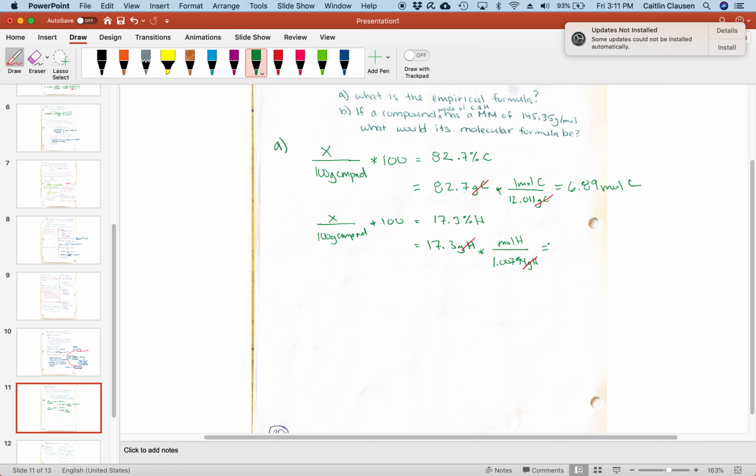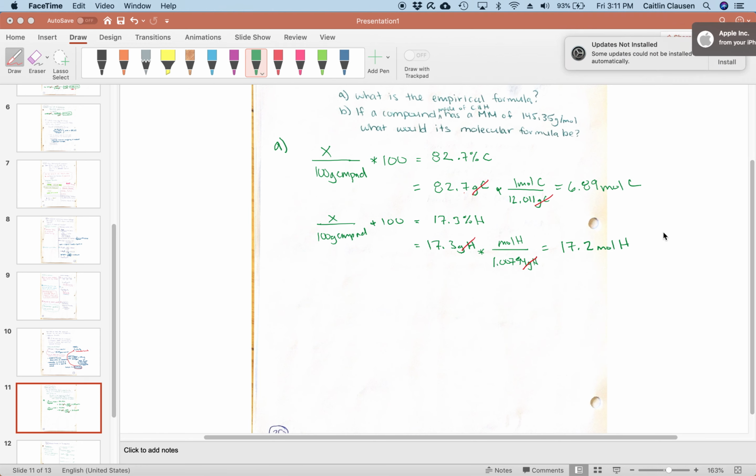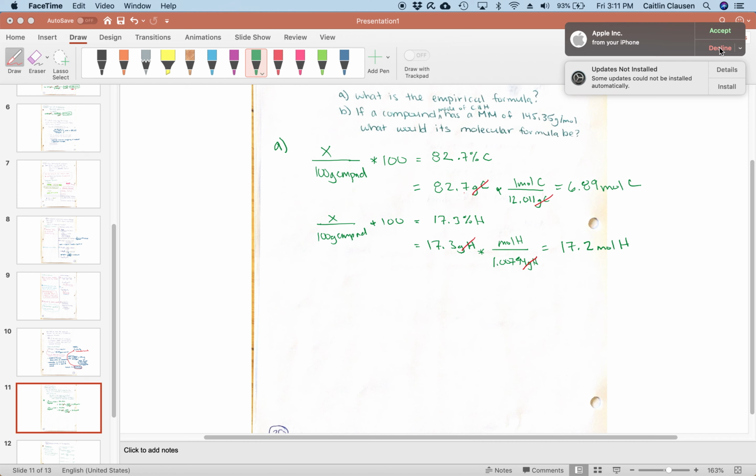And then 17.3 divided by 1.00794 gives me 17.2 moles of hydrogen. Okay, so we are pretty far from the rounding rule.